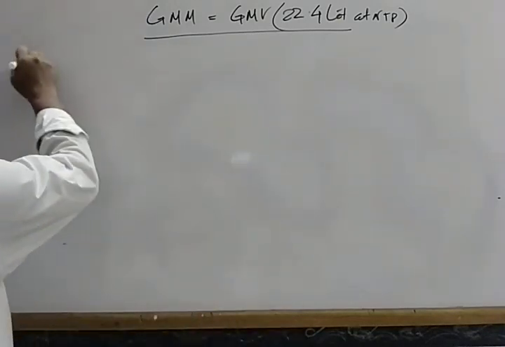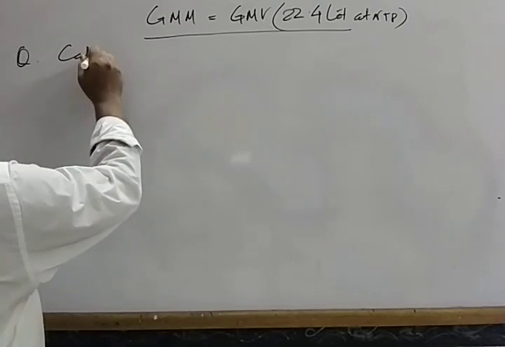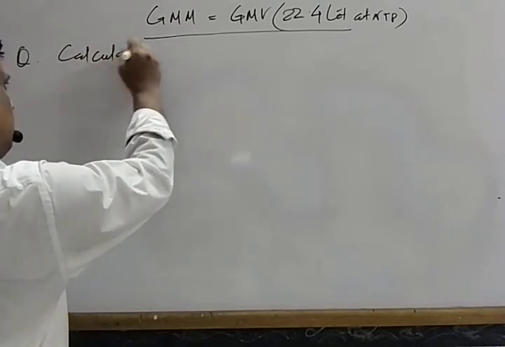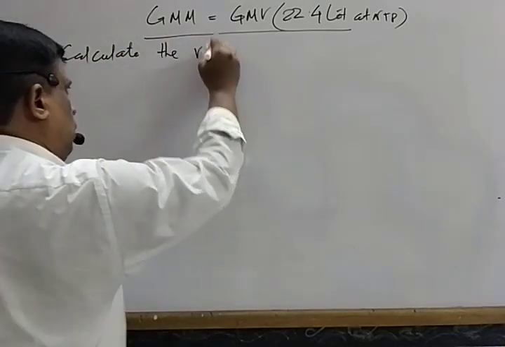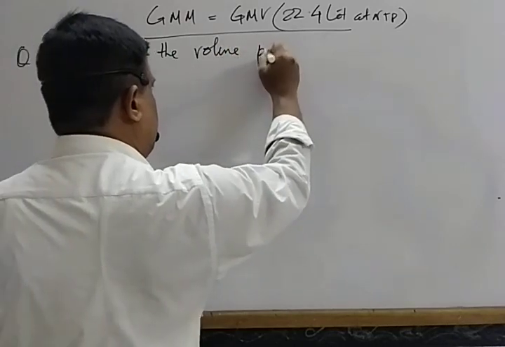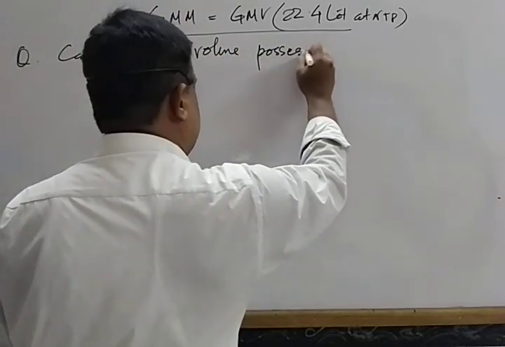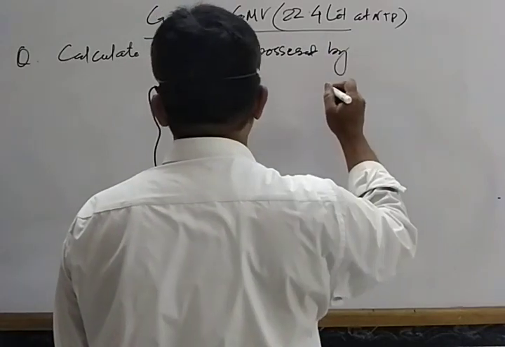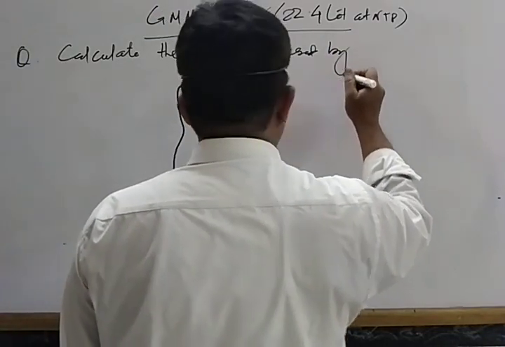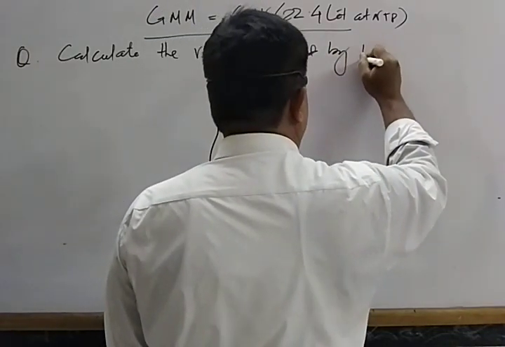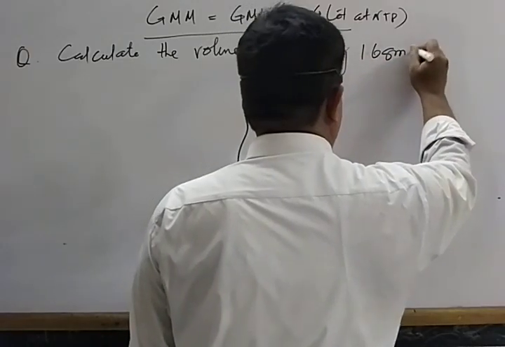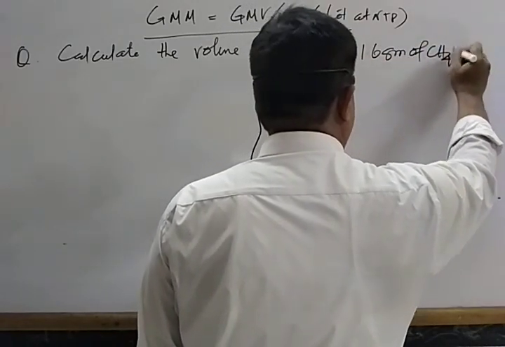Question. What is the question? Calculate the volume possessed by 1.6 gram of CH4.